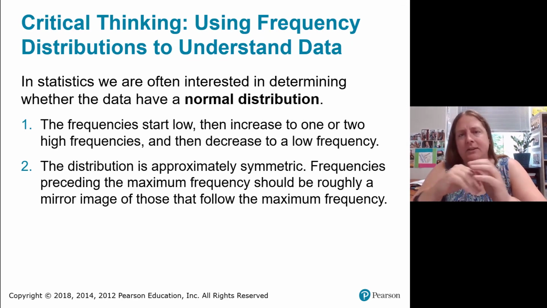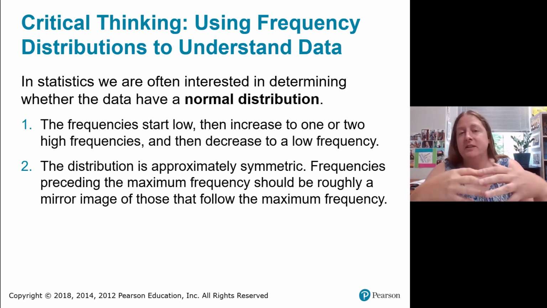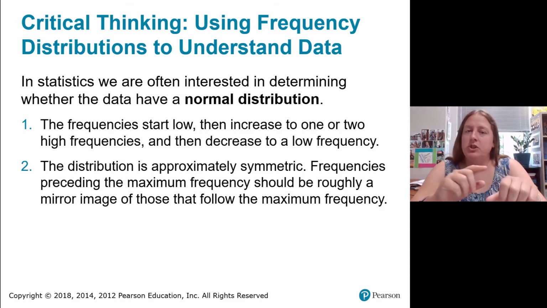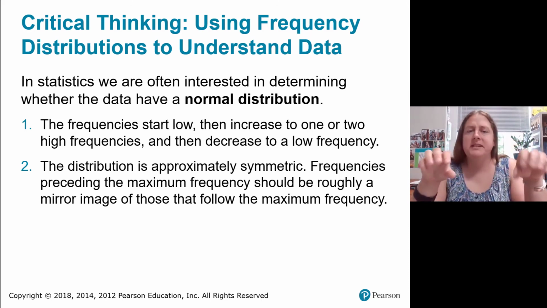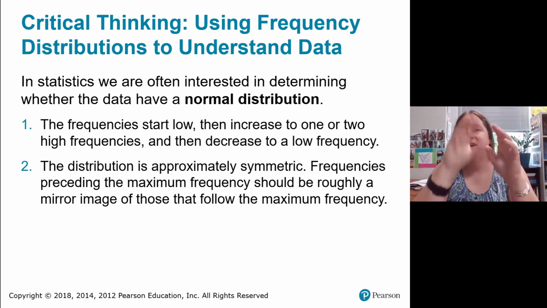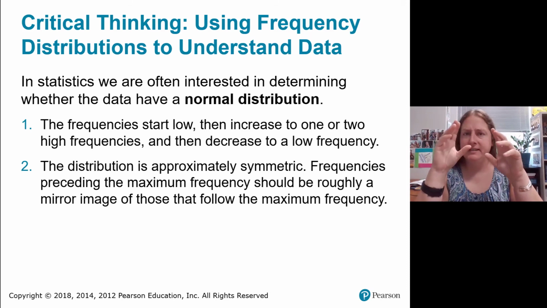So let's talk a little bit about how we can use these frequency distributions to help us understand data. One of the things that we're really interested in a lot of times is if our data has a normal distribution. A normal distribution looks kind of like a bell. What that means for us is that we have low frequencies on the extremes, and in the middle classes we get bigger frequencies.